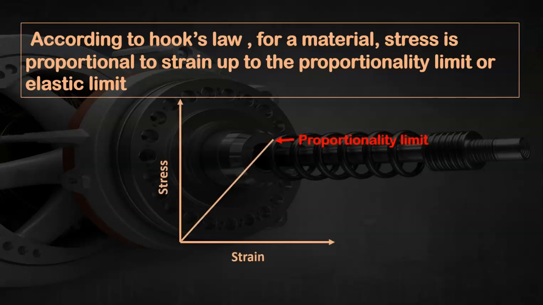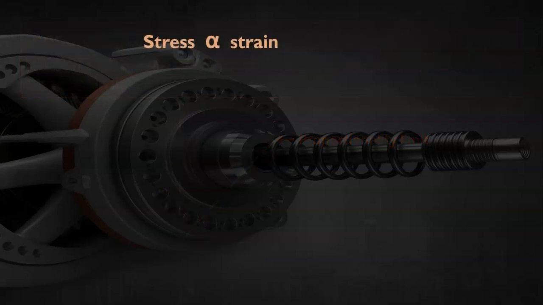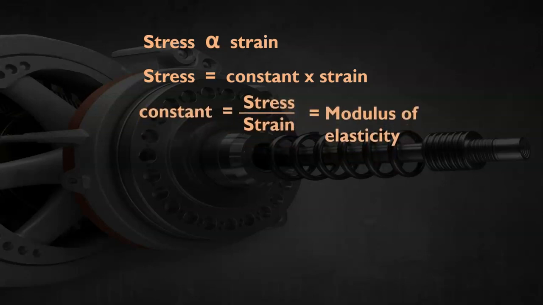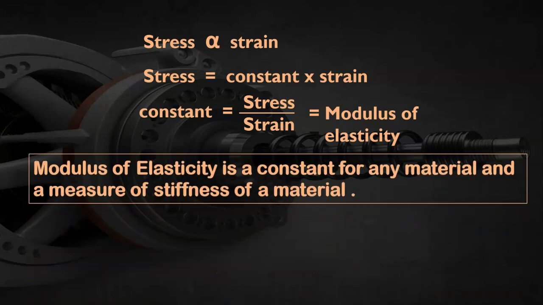If you draw the stress strain curve of a material, the curve will be a straight line up to the proportionality limit. Removing proportionality, you get stress equals a constant times strain, and the constant will be equal to stress by strain, and that is modulus of elasticity.